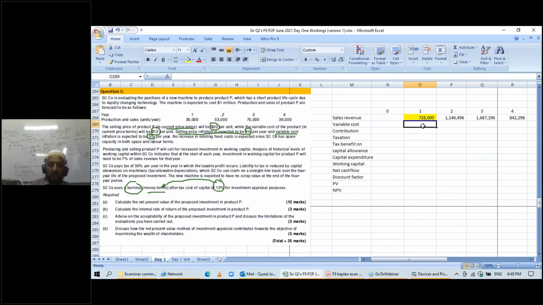Now the variable cost, in the same way you will do the variable cost. For variable cost, the purchase price was 12 in current terms, multiplied by 1.03 multiplied by the quantity, which is 35,000, gives you 432,600.